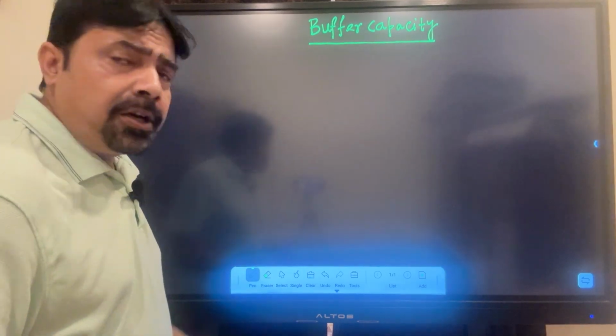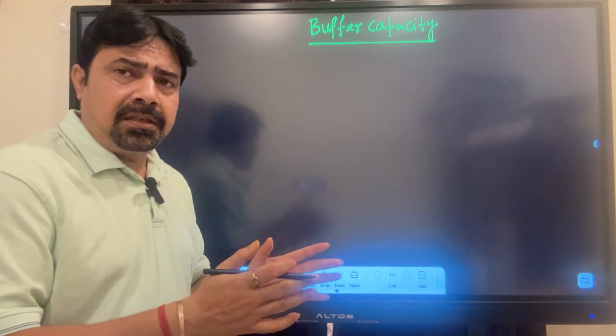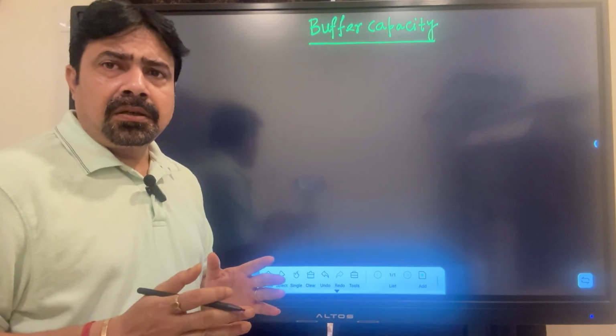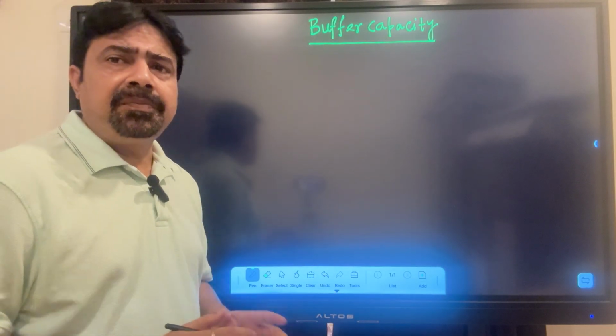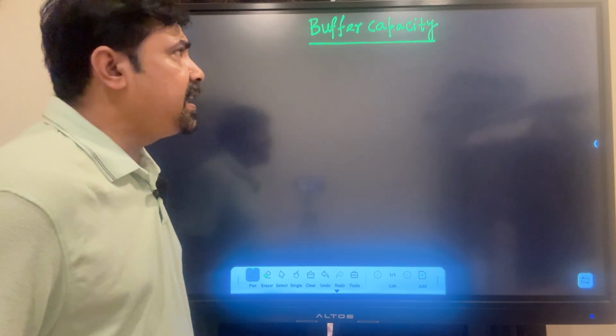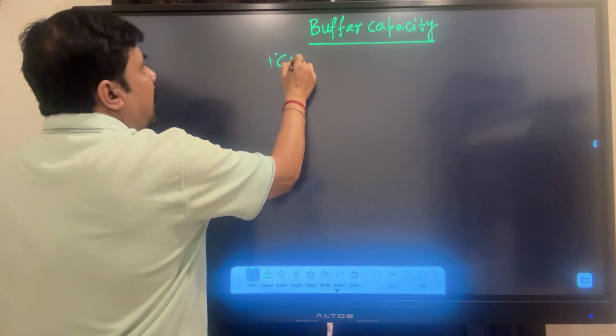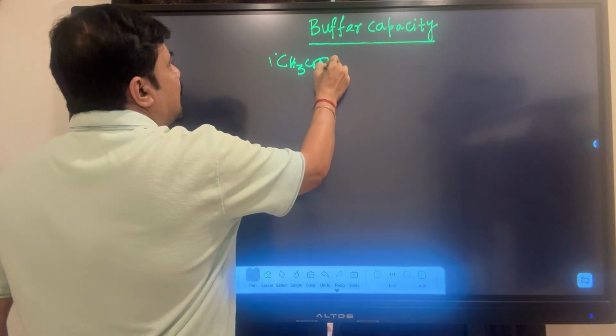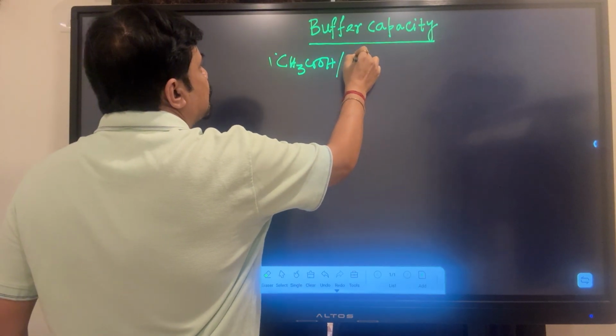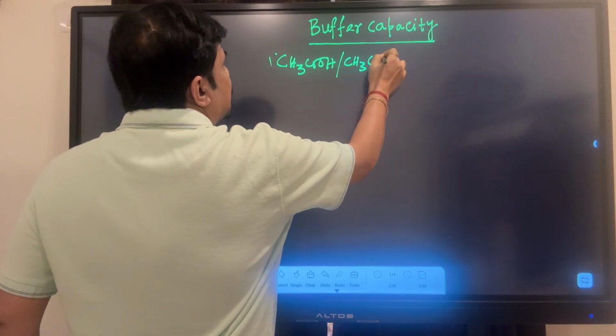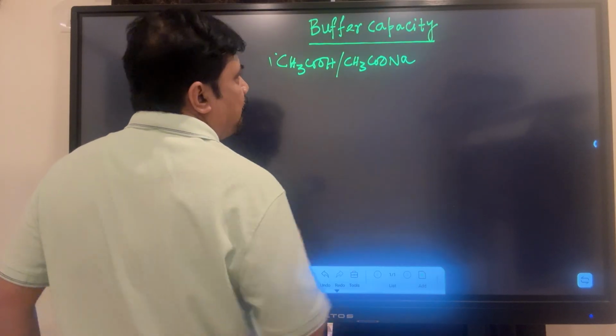Everybody knows a weak acid and its salt, or a weak acid and its conjugate base, are used to form buffer solutions. For example, acetic acid and its salt, sodium acetate, form a buffer solution.